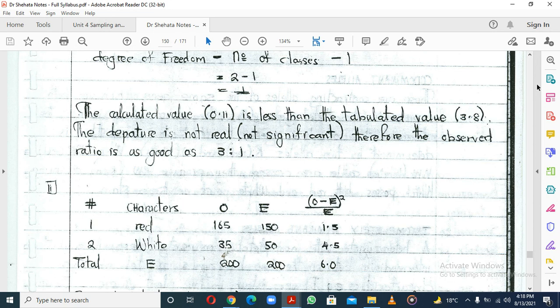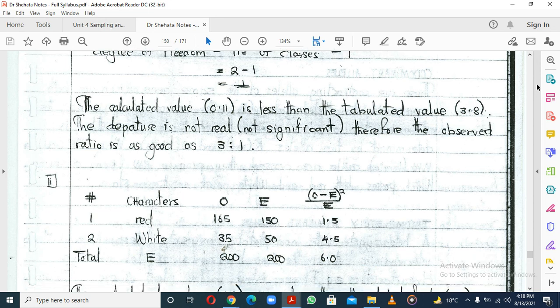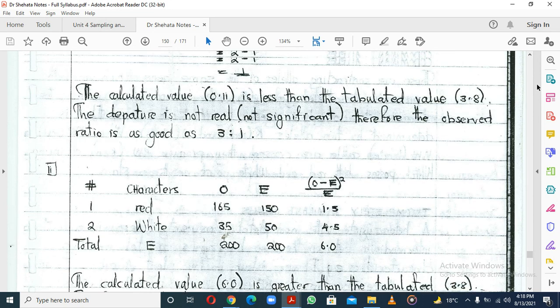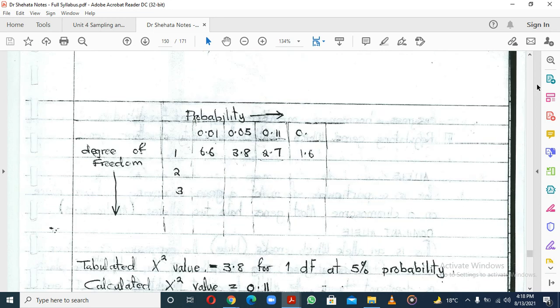Then we do the calculation pretty much the same way. Our calculated chi-squared value is 6.0. So we go back to that table and ask, is 6.0 greater, because these have the same percentage probability and the same degree of freedom. Is the value that we've calculated greater than 3.8?